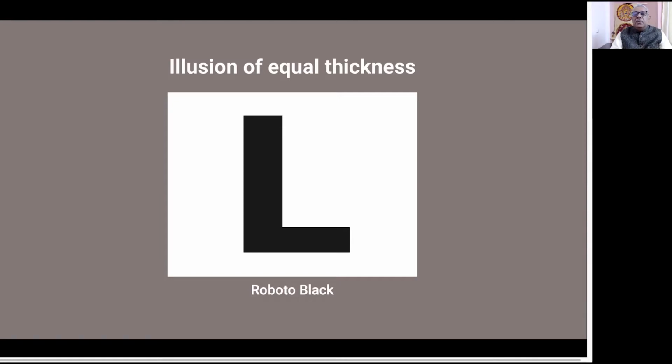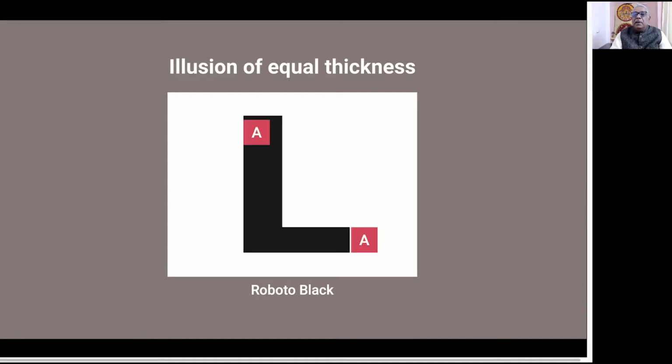In all monolinear fonts, special care is taken by the font designer to create an illusion of equal thickness. In mathematical terms, none of the strokes are of equal thickness, but visually we create an illusion of the strokes being of equal thickness.